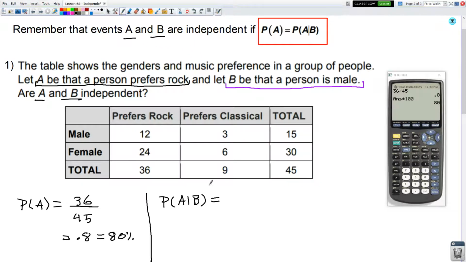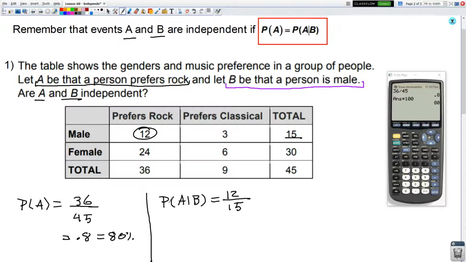Here, A represents those who prefer rock. This is the column for rock. But now, we want to know, out of all those who prefer rock, how many of them are also male? Well, prefer rock and male, that's 12. So we have 12 divided by how many males there are in total? Well, males, that's 15.